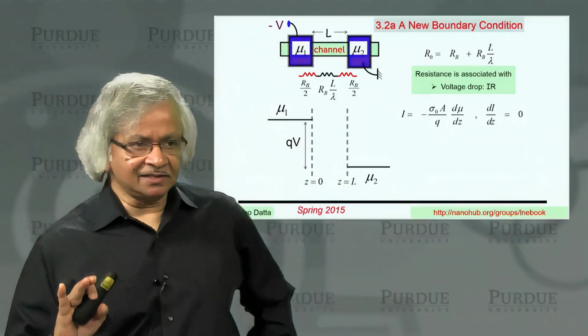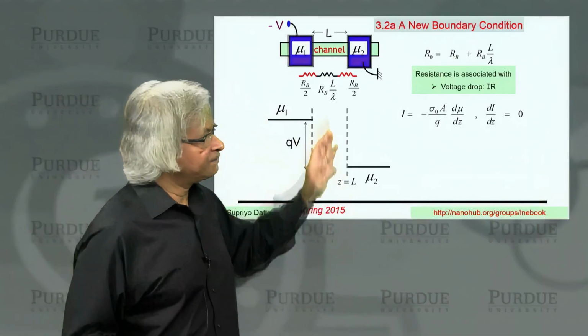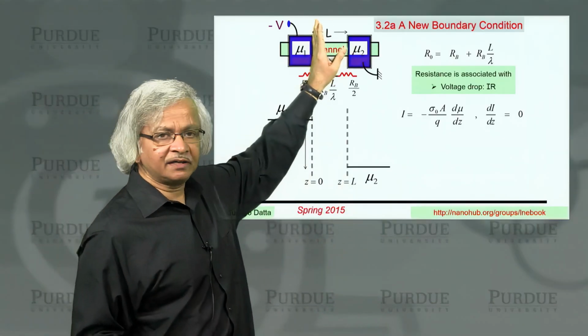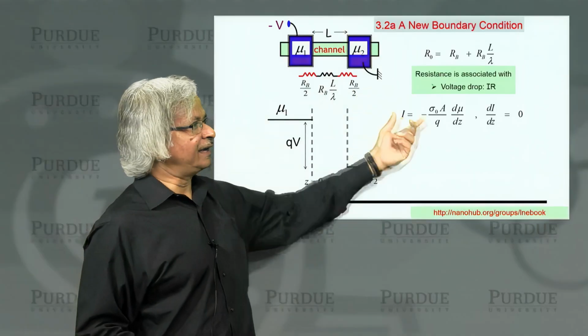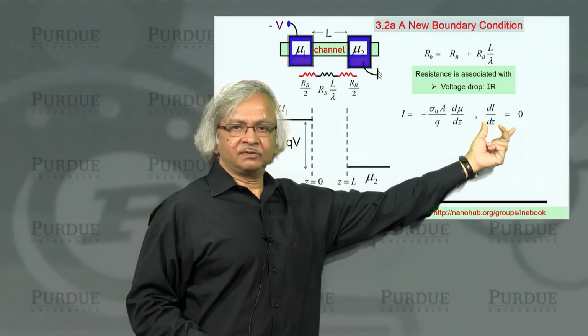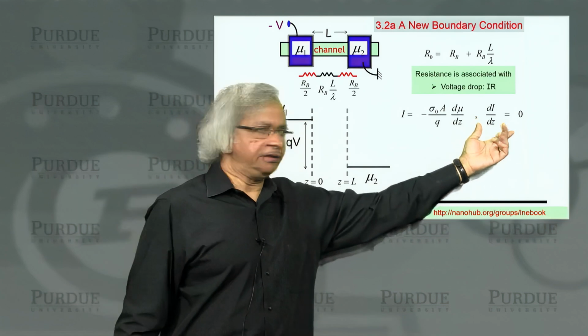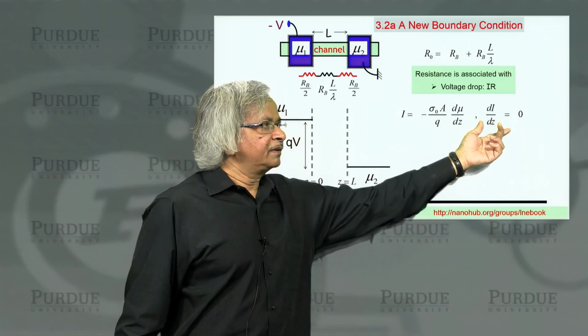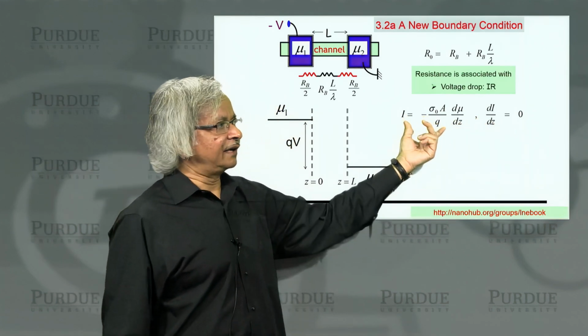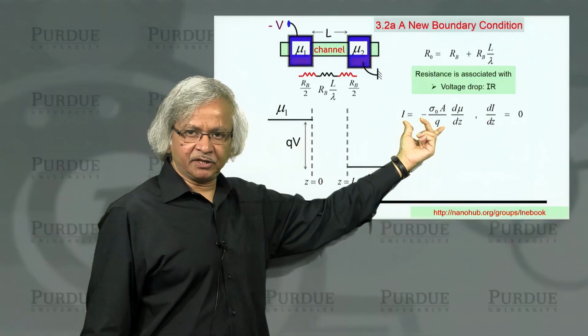So at steady state, whatever comes in per second must be leaving per second, and hence dI/dz must be 0. That's what's generally called the continuity equation. This tells you that the current has to be constant spatially.